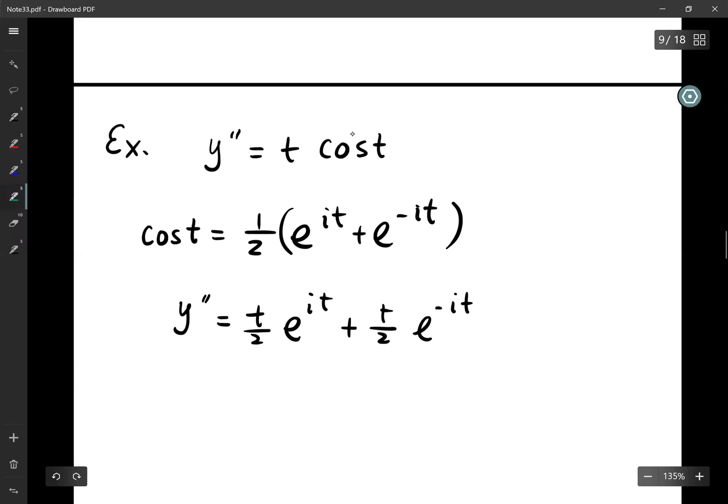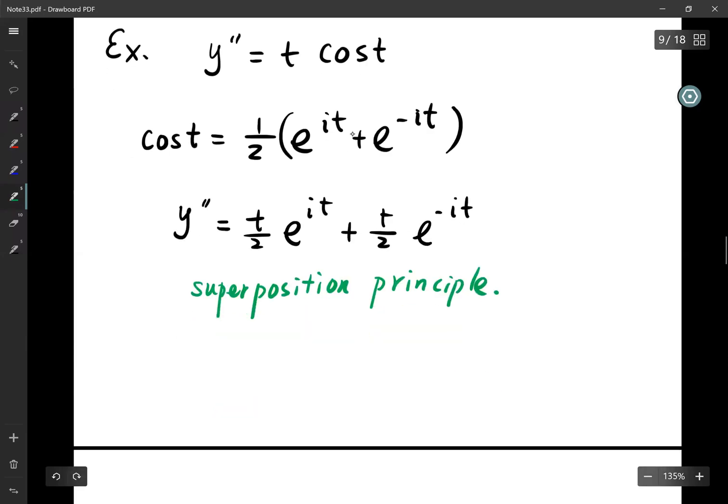Now we can use the so-called superposition principle, which means if I can solve both this equation and that equation, and add the two solutions together, then it will be the particular solution for this.